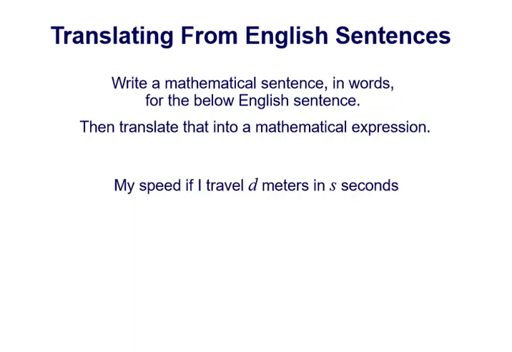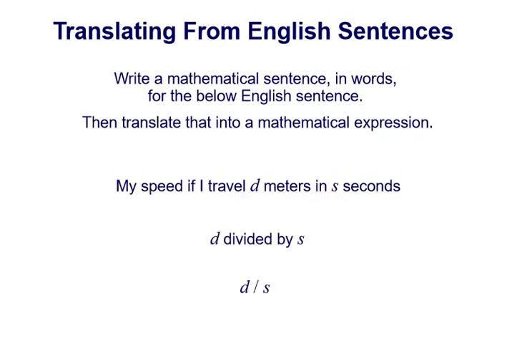Here's an example: my speed if I travel d meters in s seconds. So we have a certain amount, d meters, in s seconds. You want to think what operation we are using to compare the two, if it's in s seconds? Well, that's also division.